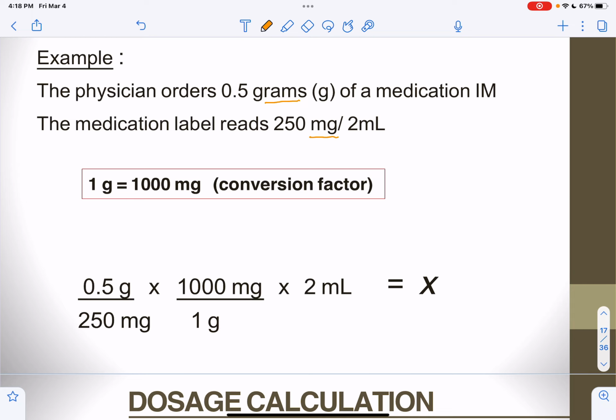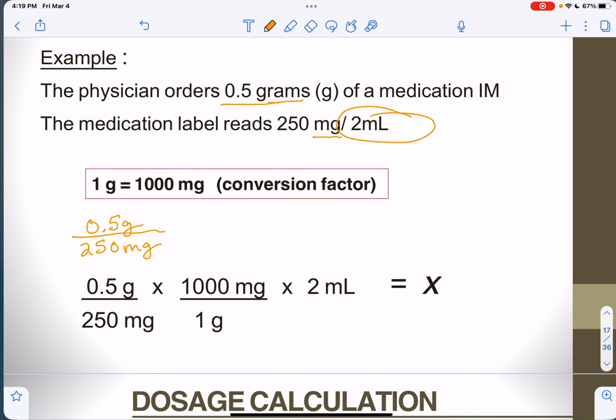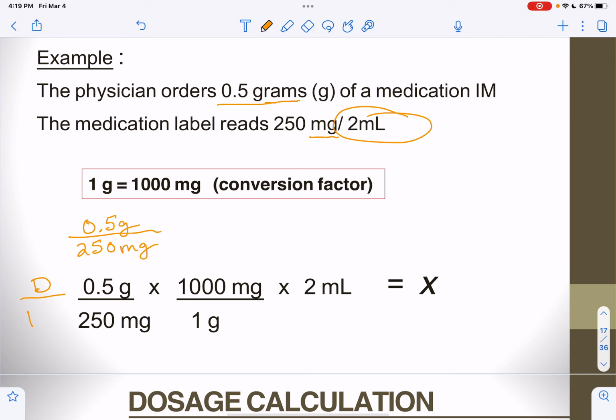We want to go from 0.5 grams, and we have 250 milligrams. So we're going to stick in that conversion factor there before we take care of the quantity. So this is still dose over what we have on hand times the quantity, but we're just adding in that conversion factor in between.